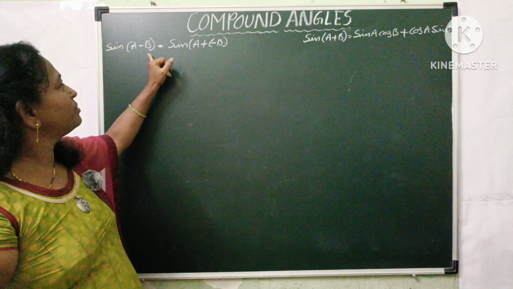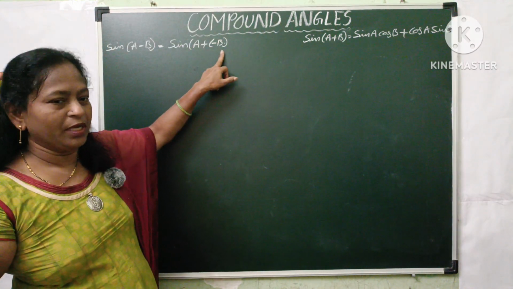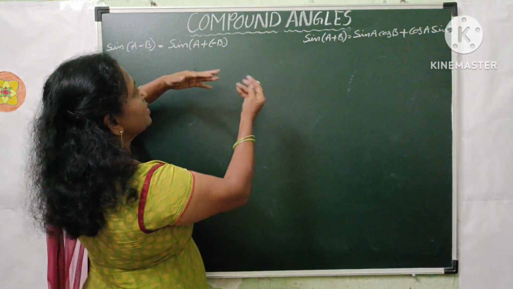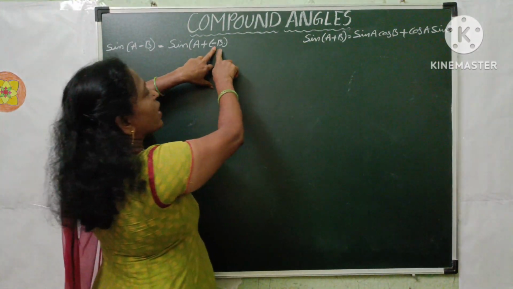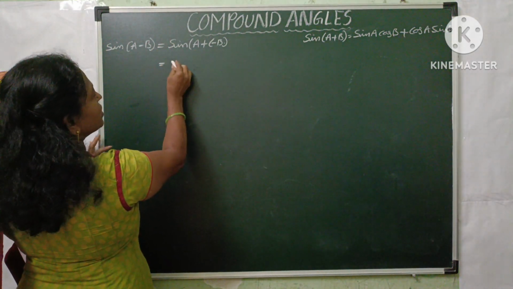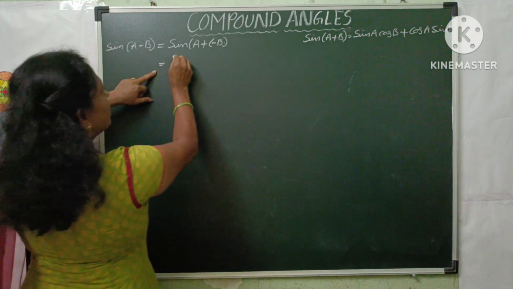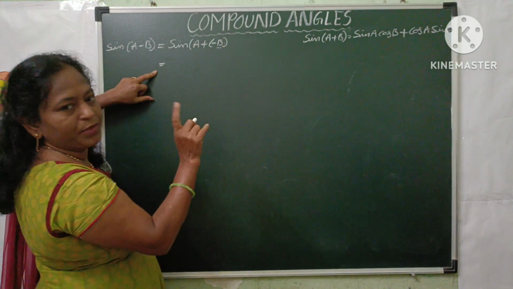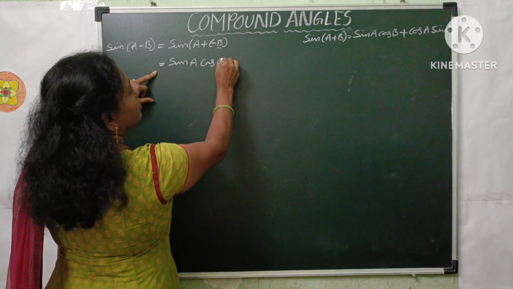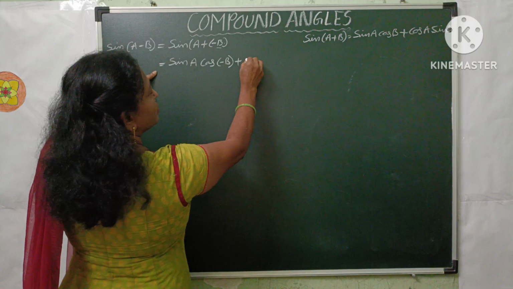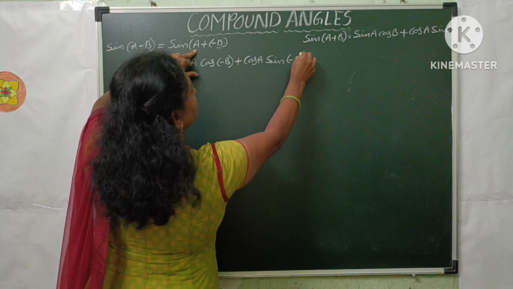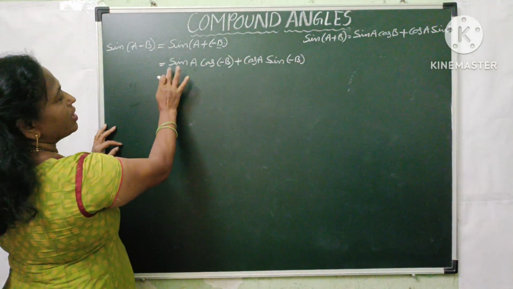So that sin A minus B, you can write A plus of minus B. So, simply we have to use the sin A plus B formula. What is the change? Instead of B we have to write minus B. That is the change. So, that is equal to, what is the sin A plus B formula? Instead of B we have to use minus B. Right? So, sin A cos minus B plus cos A sin minus B. Now check it here.